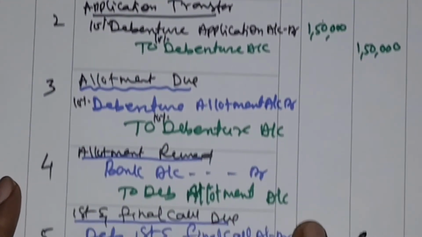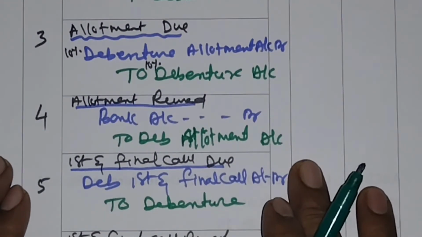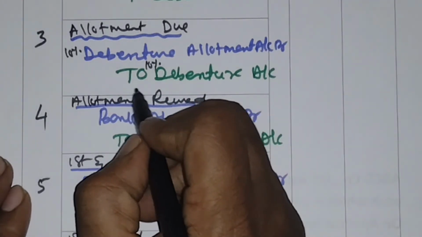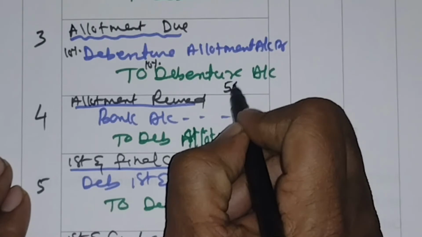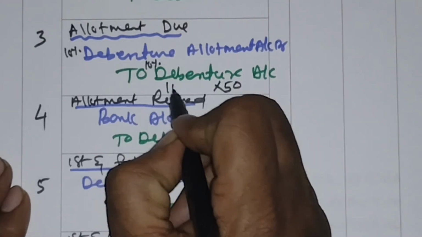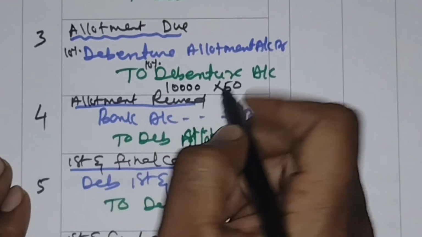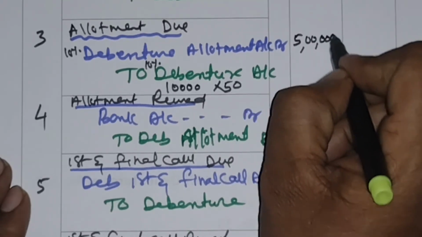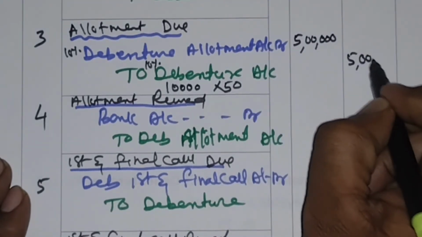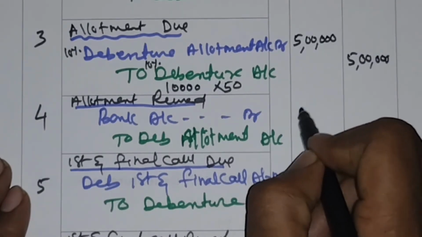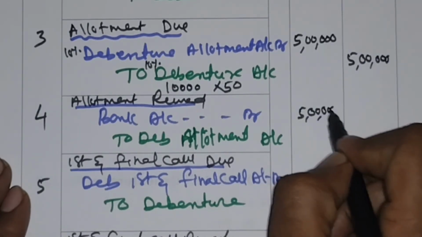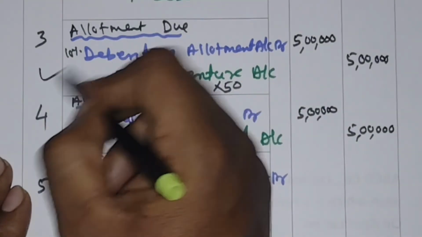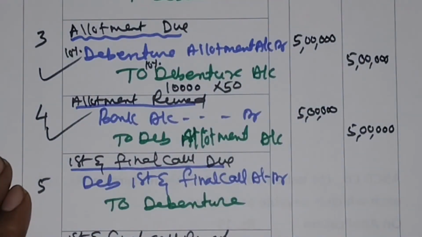Next, coming to allotment, the company collected 50 rupees. 10,000 into 50 you get 5 lakhs. That will appear in 4 places, because in allotment we have the 3rd and 4th journal entries.